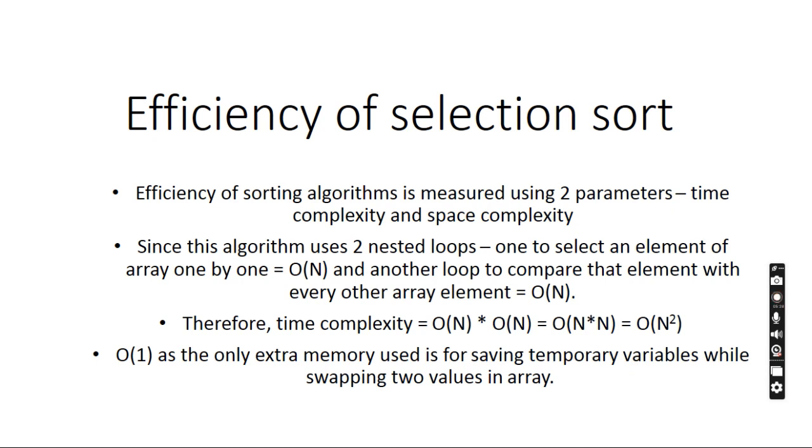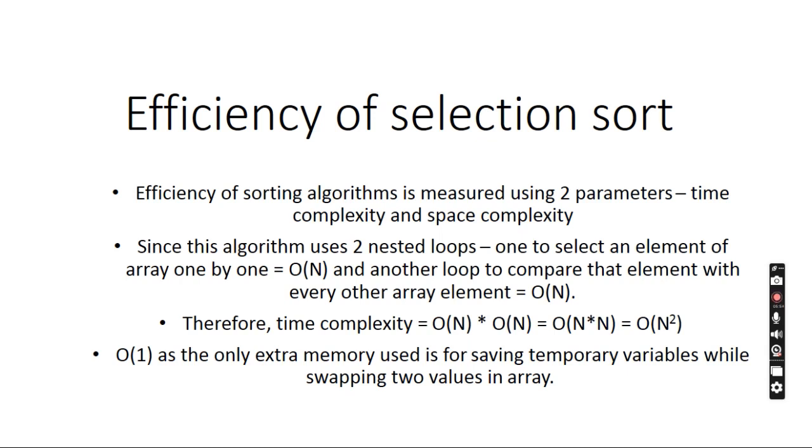Talking about the space complexity, it takes O(1) because the only extra memory we need is for saving temporary variables. The first we saved is the array elements one by one. That is, first we saved the index 0 value, then we stored the index 1 value, then the index 2 value, and so on.